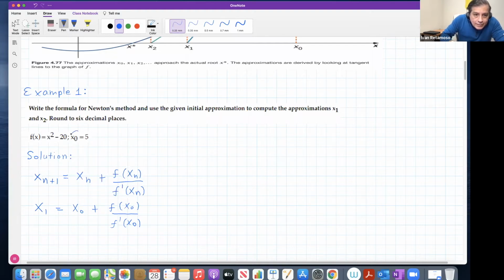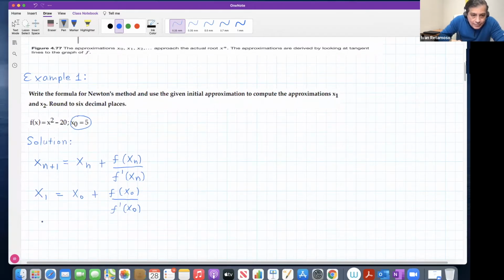They gave you the first guess, the number 5. So x1 will be equal to x0, which is 5, minus my function evaluated at 5 over the derivative of my function evaluated at 5. We're going to use f, the function, and its derivative f prime.